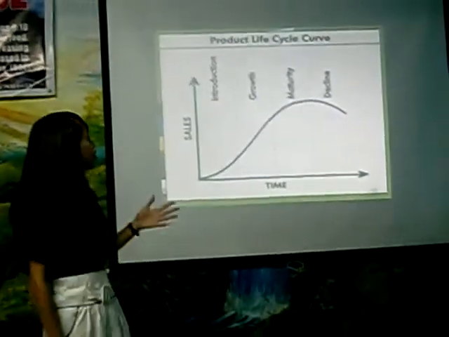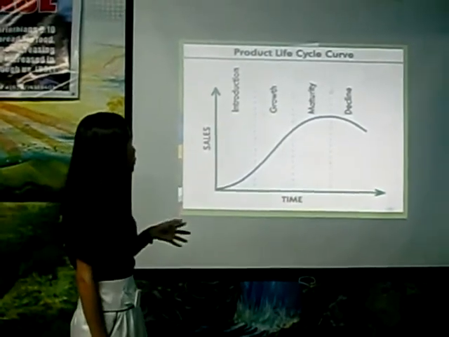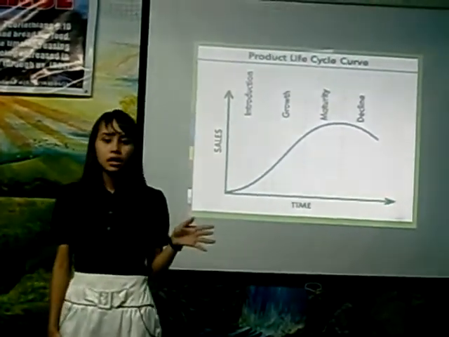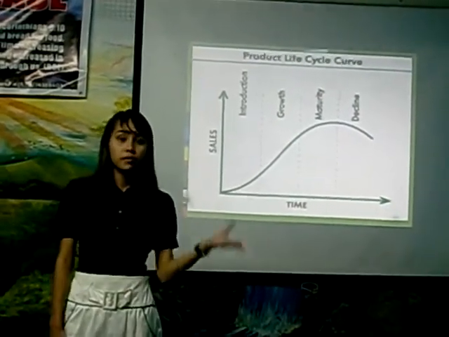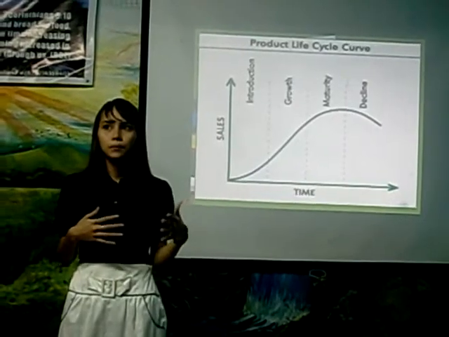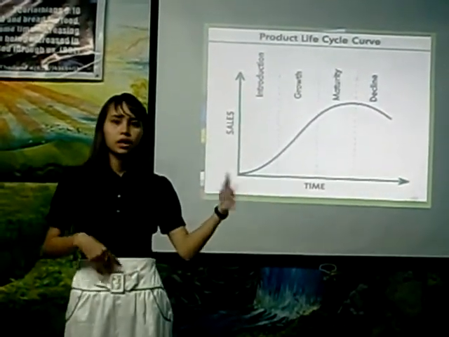Next we have the product life cycle curve. First, of course, is the introduction of the product, and then the launching of the product, and then its growth. It can be launched in the market or in the malls.